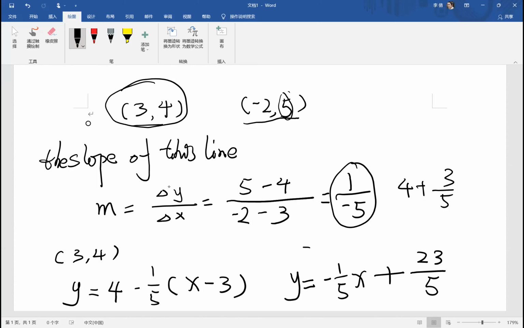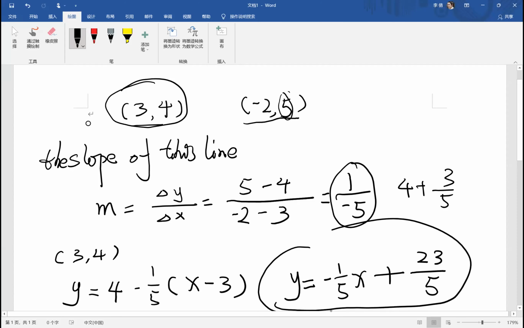So the equation of this line is y is equal to -1/5 multiplied by x plus 23/5, right? So this is the equation of this line. And the next is following.